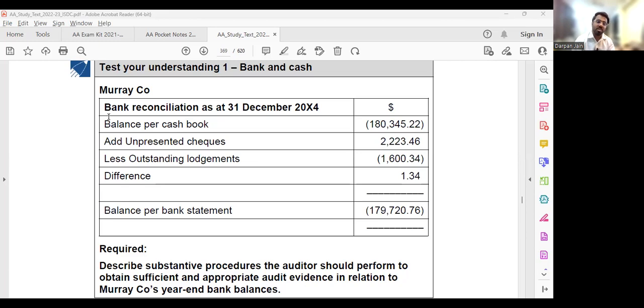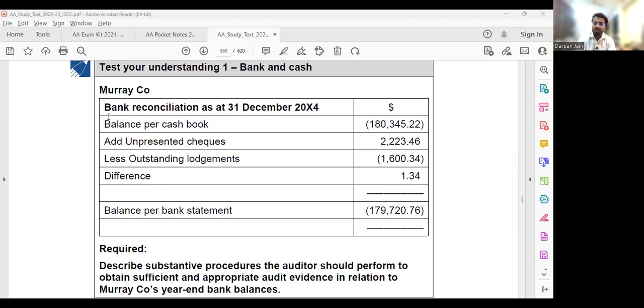When you receive that check, you must have increased the value of your cash book. But now that check has not been sent for collection as at the year end. That means in the bank statement, that amount is not there. So from the cash book, you will reduce outstanding lodgement.